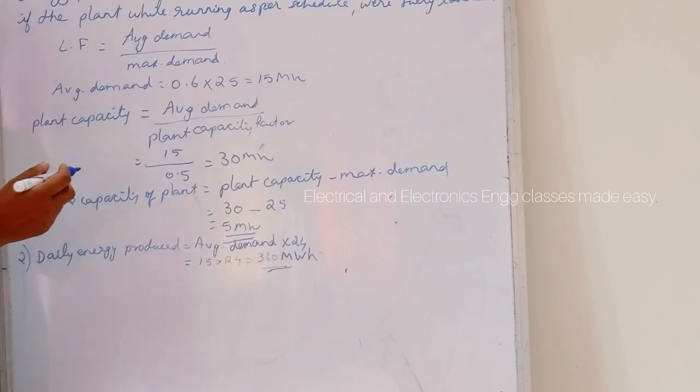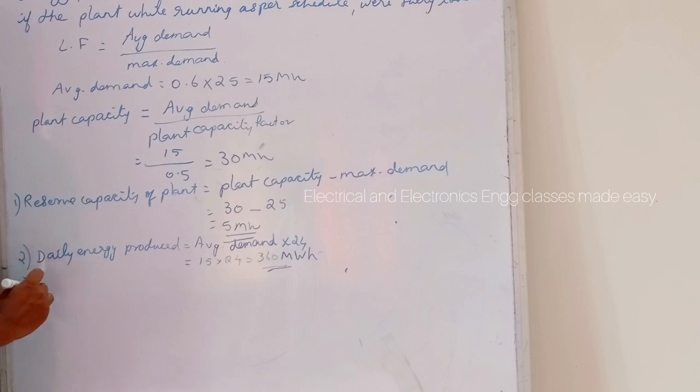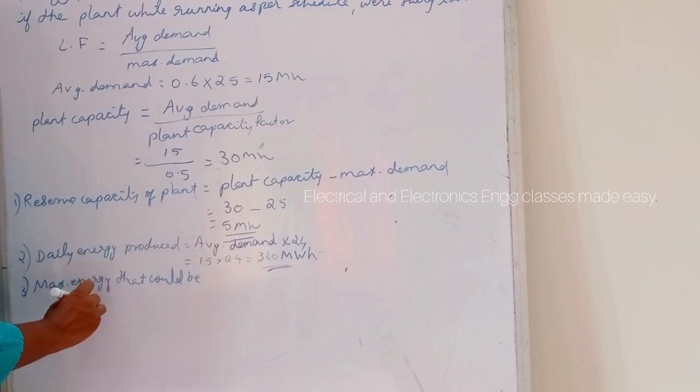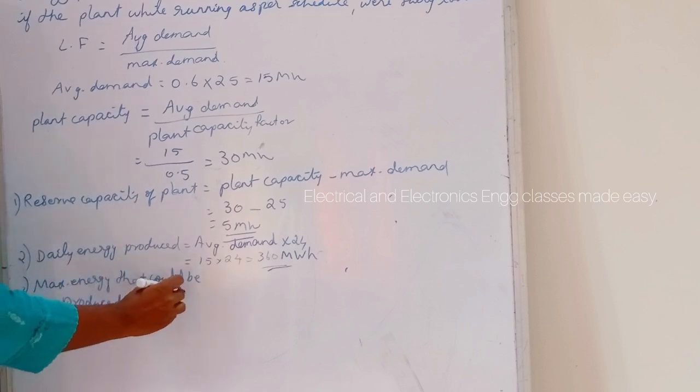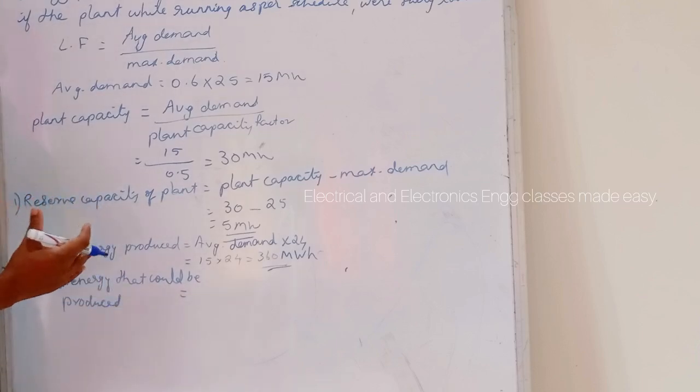Next question is the maximum energy that could be produced daily. To find the maximum energy produced, maximum energy that could be produced is equal to the actual energy produced in a day divided by plant use factor.